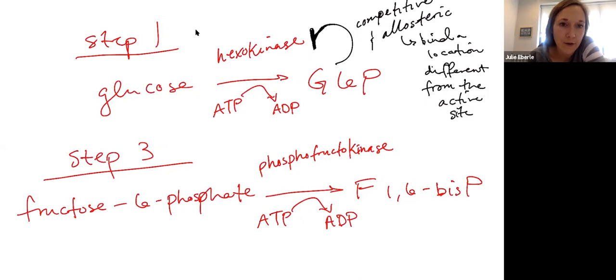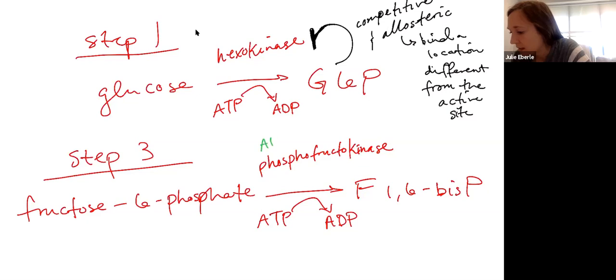We have some activators and we have some inhibitors. So activators, I'm going to write in green because green means go. So AMP and ADP, okay? So these tell phosphofructokinase to run this reaction.